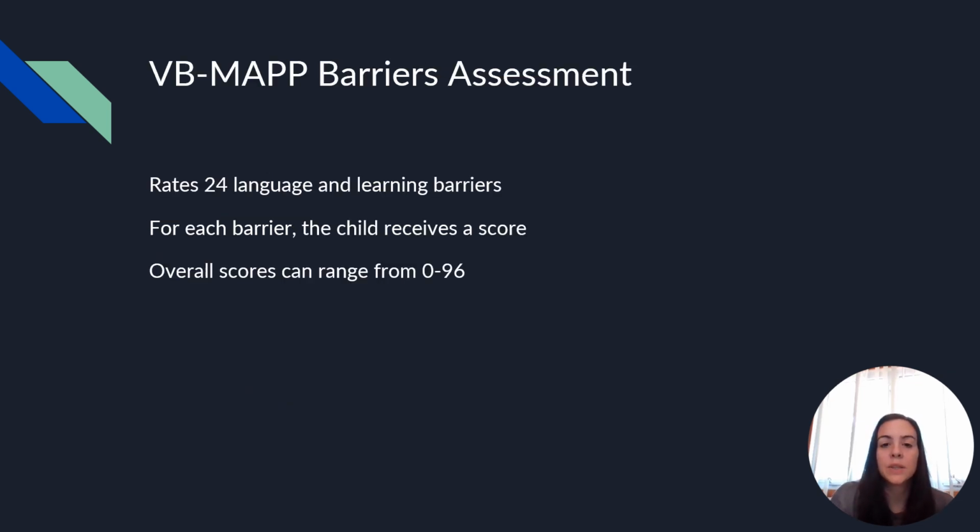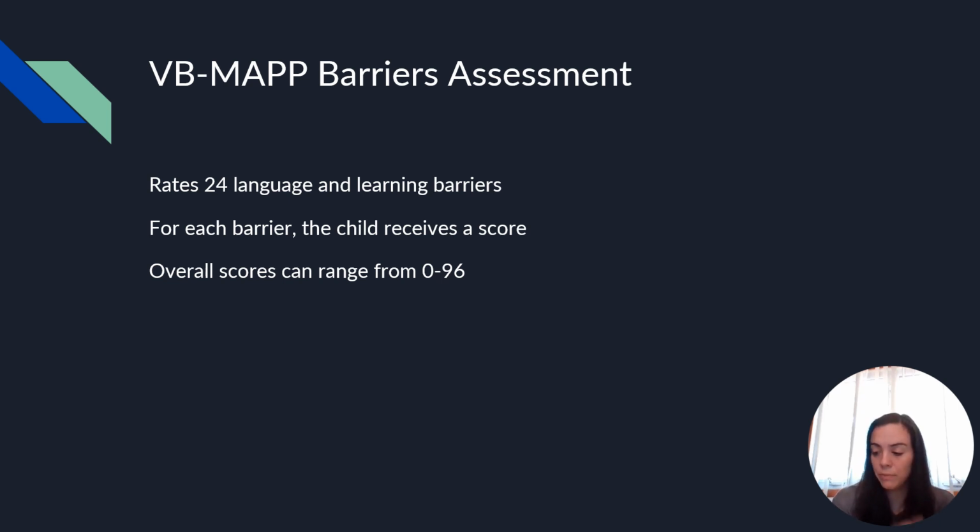I will now discuss the VB-MAP barriers assessment in a little bit more detail. The VB-MAP barriers assessment was used to assess behaviors of concern. This assessment rates 24 learning and language acquisition barriers.